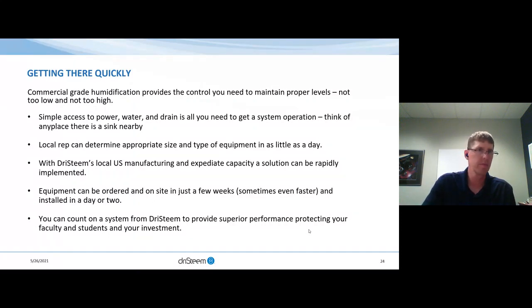Equipment is quickly accessible, and we're a strong partner with a number of different resources available to help identify what the humidification needs are and solutions available to protect that investment in the students' learning as well as the faculty.